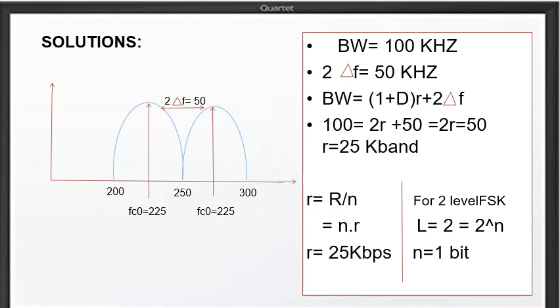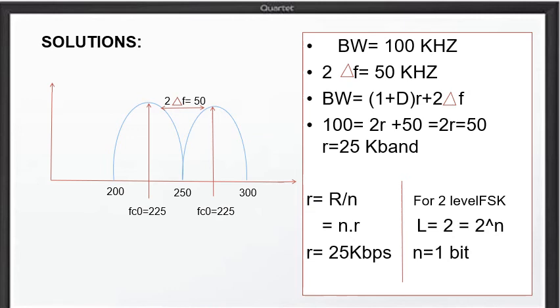We have to separate the variable so that the variable is left alone. So we transfer the 2, and it will be 50 divided by 2. So the value of r equals 25 kbaud.